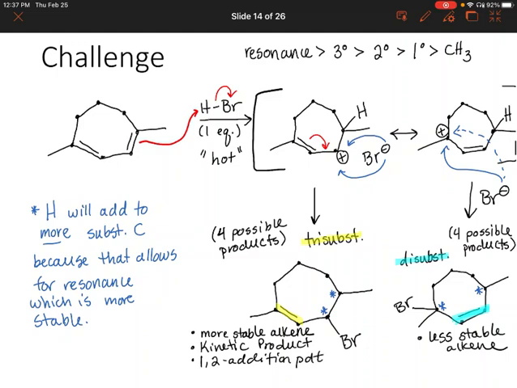Okay, and which product is the thermodynamic product? So remember, the thermodynamic product is the more stable product. So which one is more stable? The product on the left.